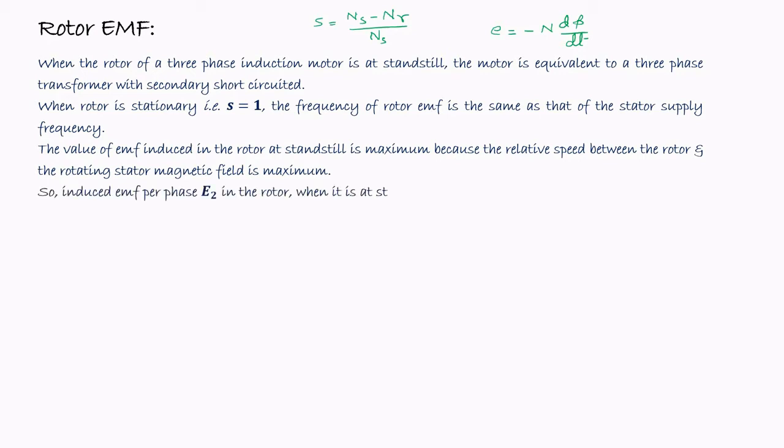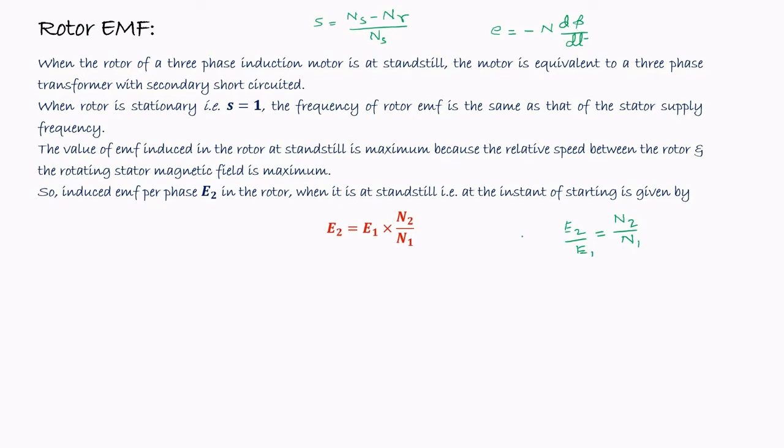So the induced EMF per phase in the rotor, which is defined as E2, at standstill condition, at the instant of starting, can be given as E2 is equal to E1 into N2 by N1. This relation we have obtained from the transformation ratio in the case of a transformer. We have already discussed that in a transformer, the transformation ratio is the induced EMF in the secondary upon the induced EMF in the primary, and it is equal to the number of turns in the secondary upon the number of turns in the primary.